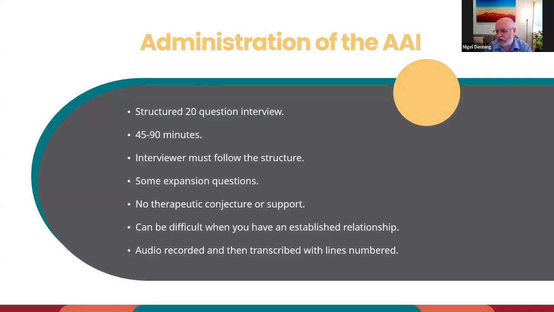But even if not, if you're just doing it as an independent interview, it's important to create some time for the person to move out of that memory retrieval process and back into the here and now before they leave the office.